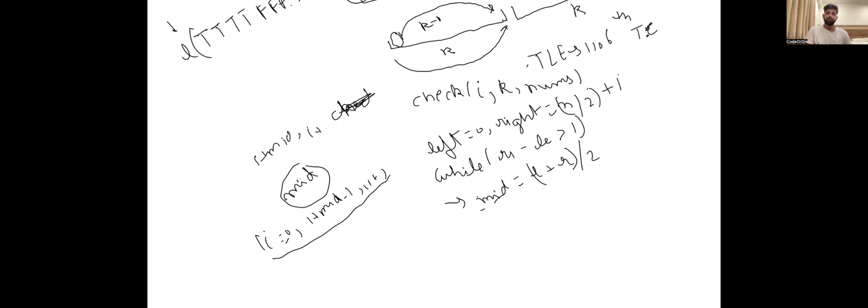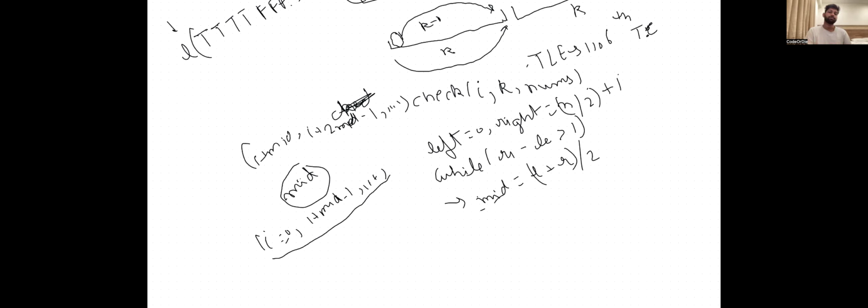So what will be the time complexity for this? Let's say you are checking for a particular mid. You will go from i equal to 0, to i plus mid minus 1, i plus plus, and check that it is increasing. Then you will go from i plus mid to i plus 2 times mid minus 1, and check that the other subarray is increasing.